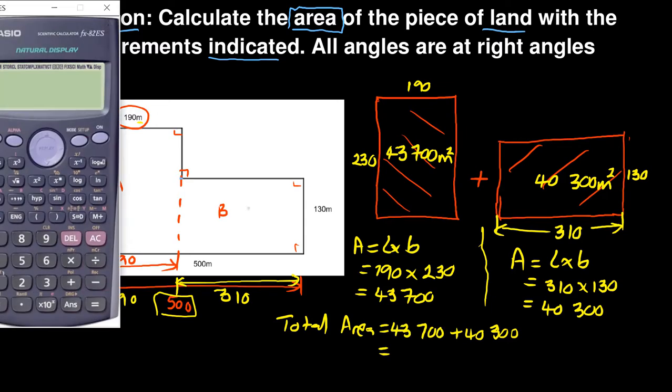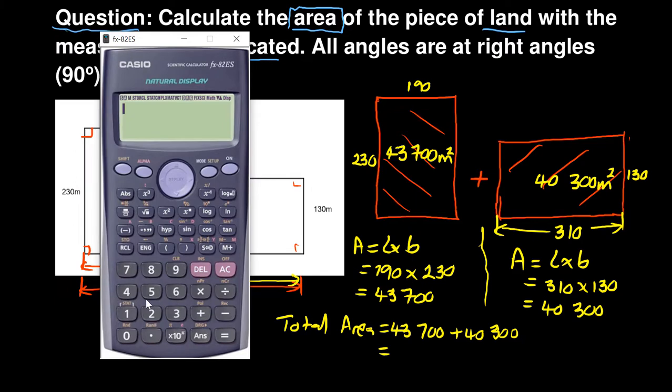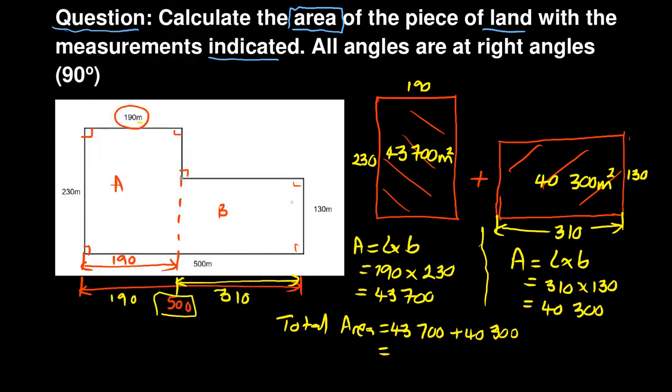Solving it, I will have 43,700 plus 40,300, and my total area is 84,000.